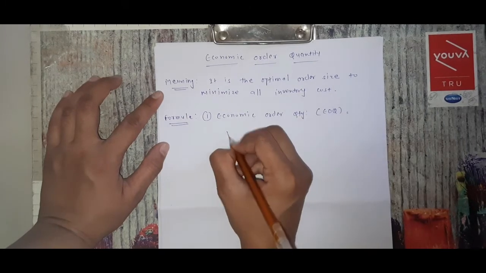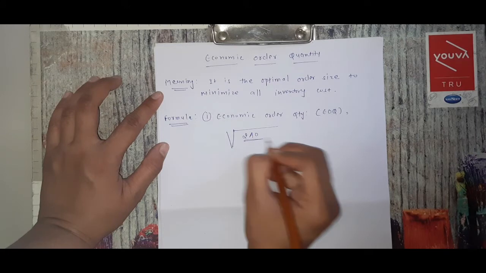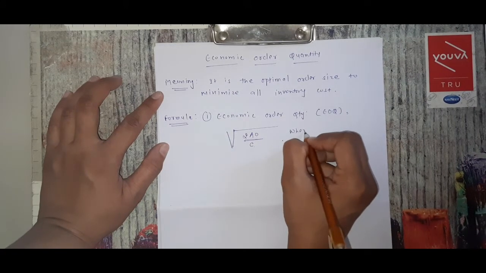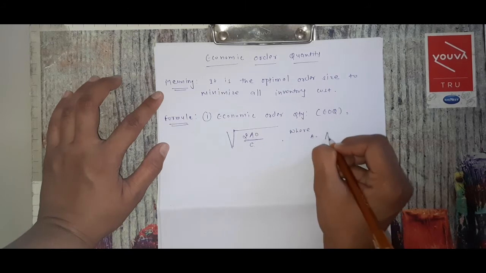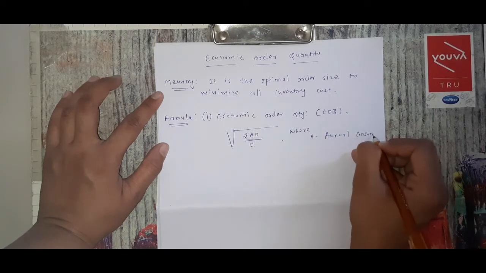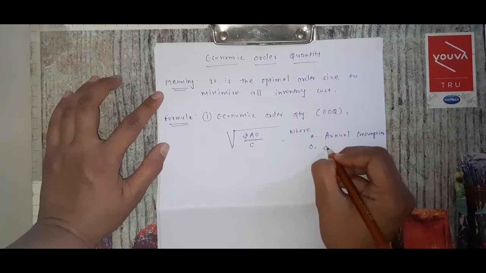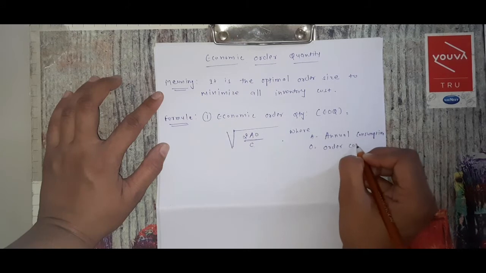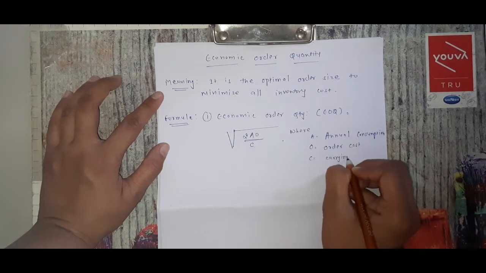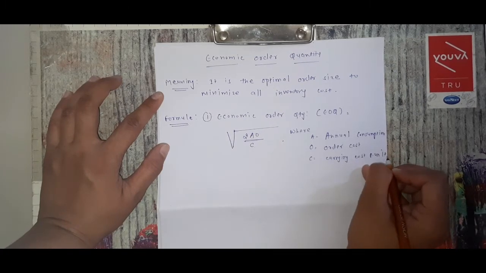Formula is in the square root 2AO divided by C, where A is annual consumption, O stands for order cost and C stands for carrying cost per unit.